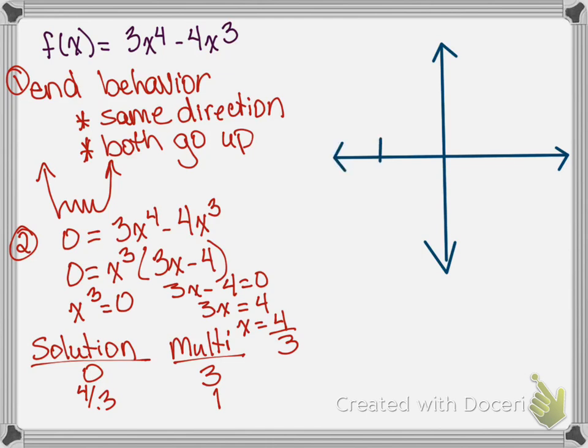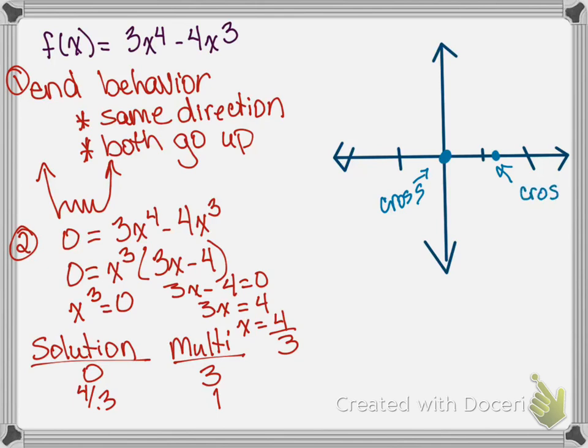I cross at 0 and I cross at a little over 1, a little past 1. What is happening at 0? Am I crossing or am I bumping? Crossing. What happens here? I cross.